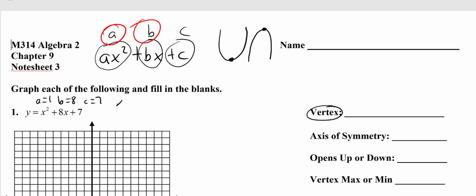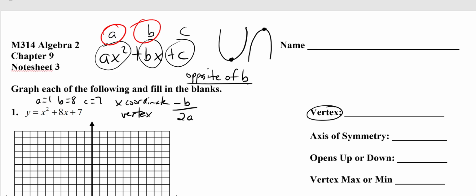So in order to find the x coordinate of the vertex, basically it's opposite of b over 2 times a. So that's negative. I like to refer to this as opposite of b over 2 times a.